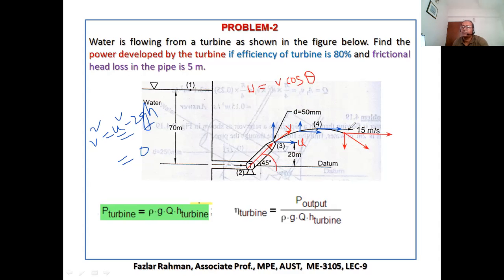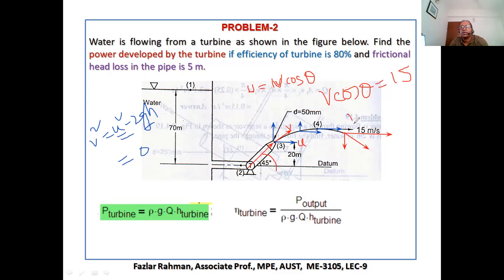This horizontal component remains constant. So V cos theta equals the horizontal component, and this value is given at point 4, which is equal to 15. Cos 45 is 1 by root 2.